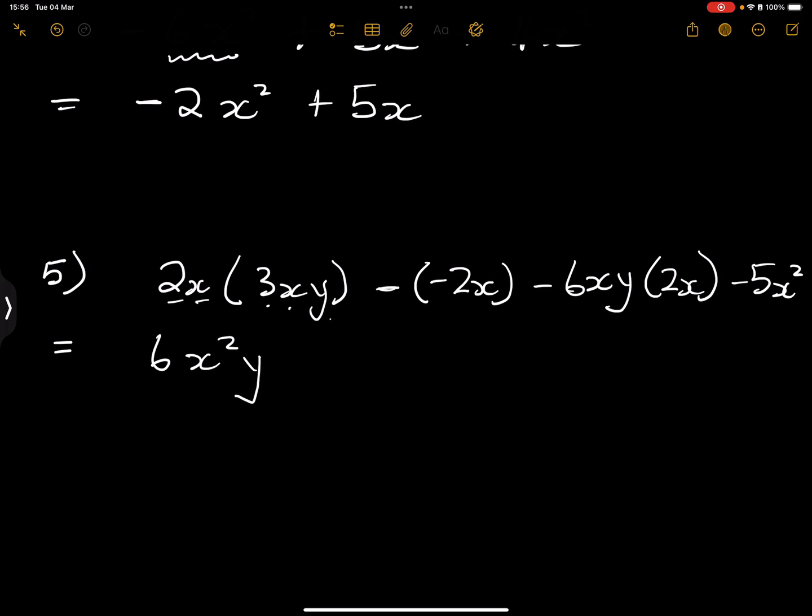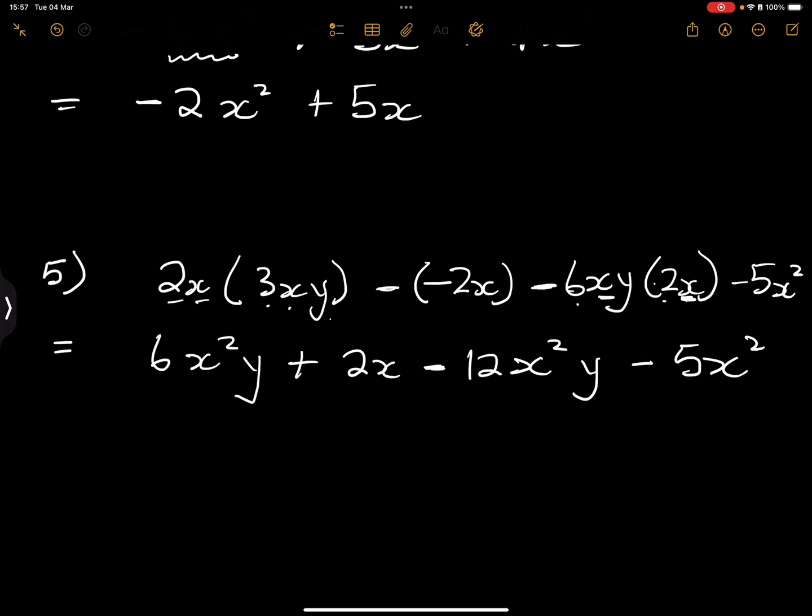Negative times a negative gives us a positive. So that's positive 2x. And now a negative multiplied by a positive gives us a negative. So 6 times 2 gives us 12. Again, x multiplied by x, that will be x squared multiplied by y. And then finally, that's minus 5x squared.